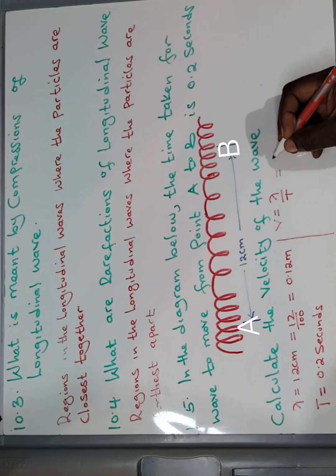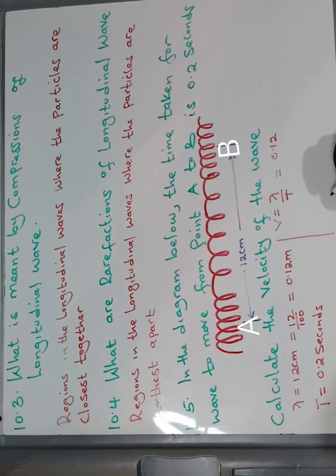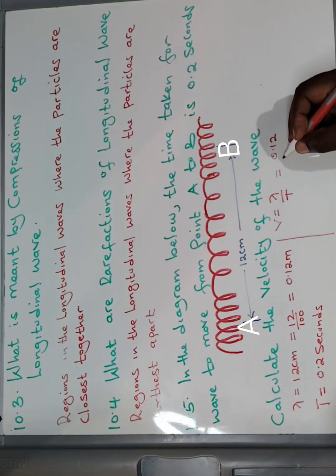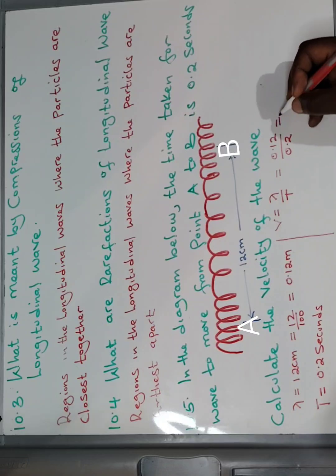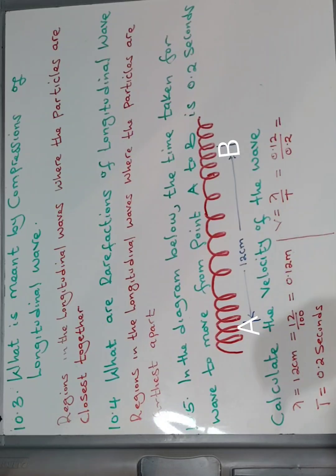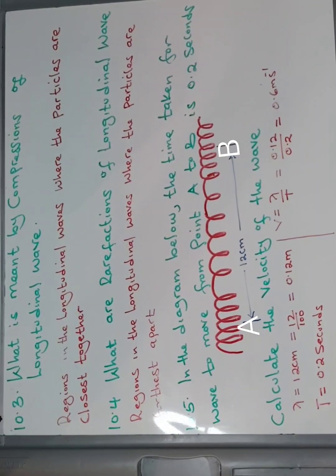The wavelength is 0.12 divided by the period, which is 0.2. Let's get it. What will be the speed or the velocity? Let's get it.